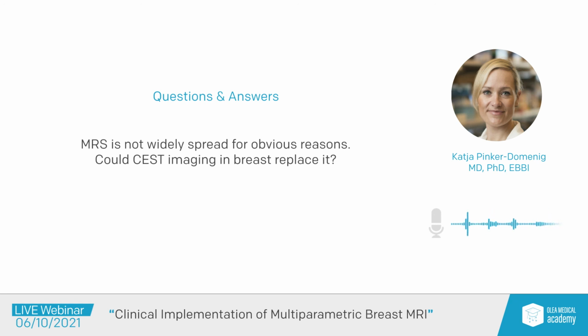And not only CEST; a very interesting aspect is hypoxia imaging. There have been publications looking into vascular architectural mapping and cuboid imaging for hypoxia assessment as a tumor marker. There's acidity imaging. There's a plethora of sequences in the pipeline, which are currently in the research realm. I certainly hope that some of them make it into the clinics.